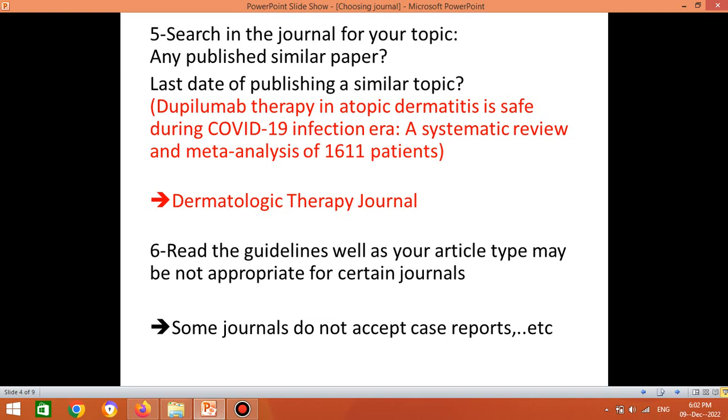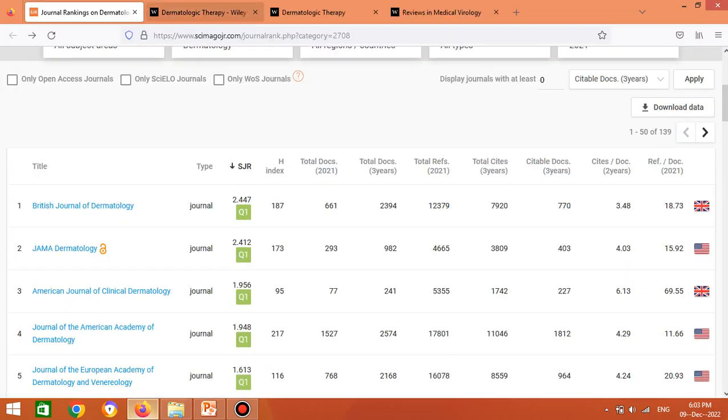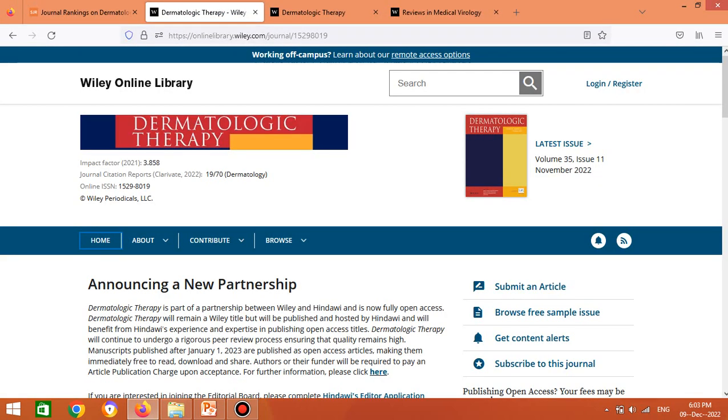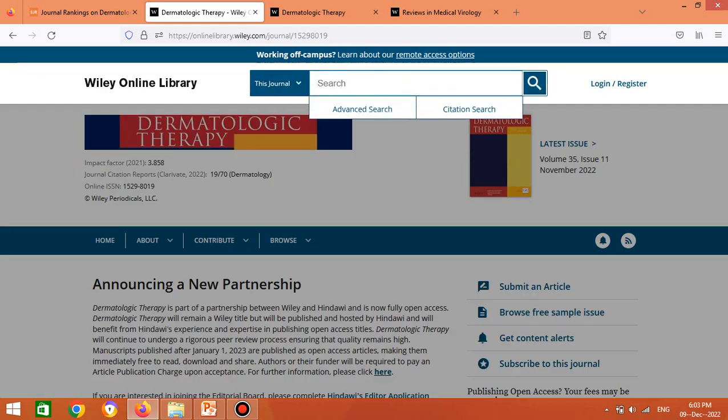You have to search in the journal for your topic: any published similar paper, and the last date of publication on a similar topic. For example, my published paper about dupilumab therapy in atopic dermatitis was published in Dermatologic Therapy Journal. We will search here in the journal for dupilumab.